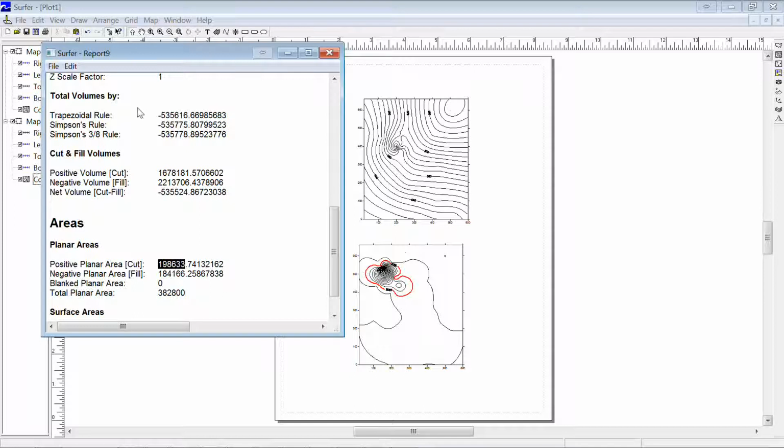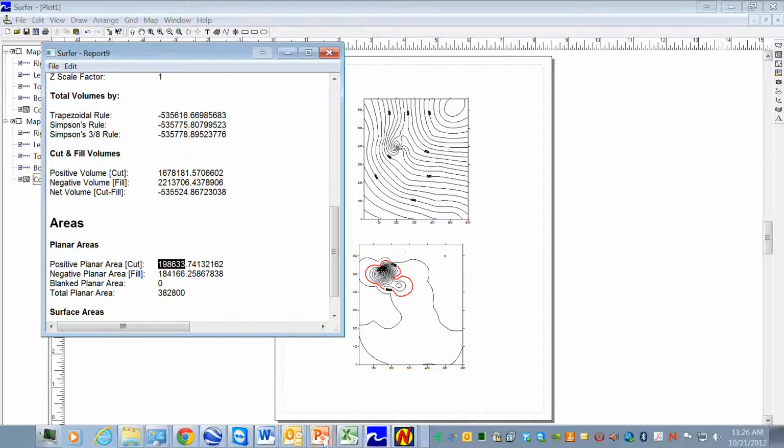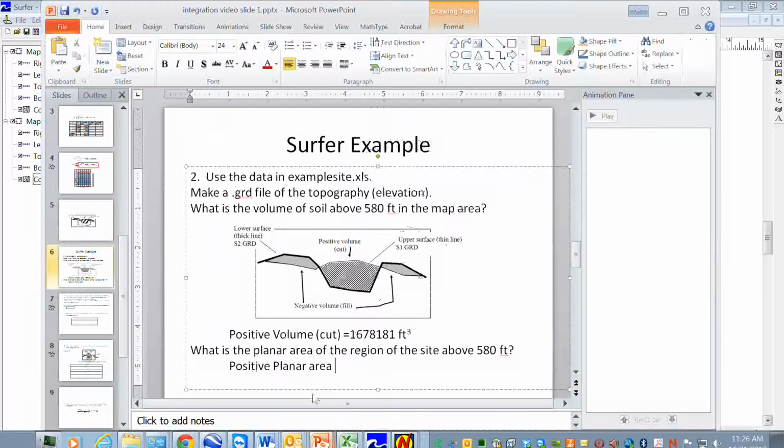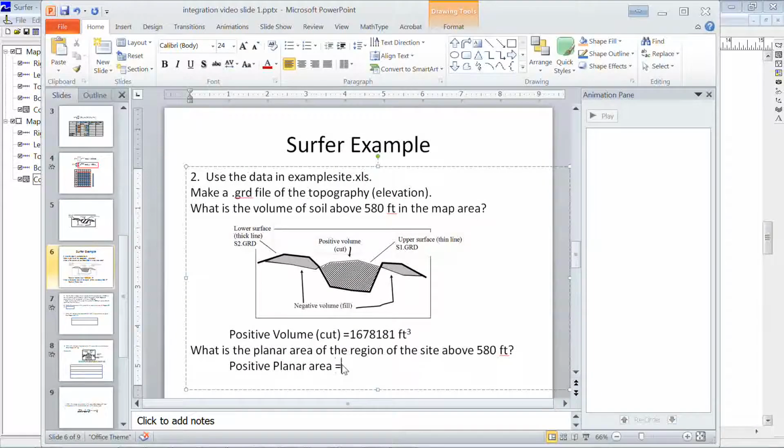So in this case it's square feet. We can copy that over here, and that's feet squared. Okay, so that's pretty easy. We can just get the data right off of Surfer.